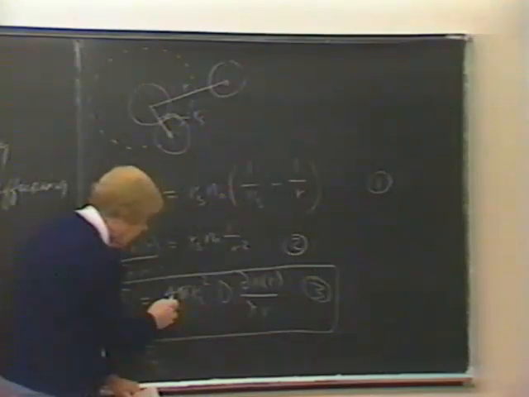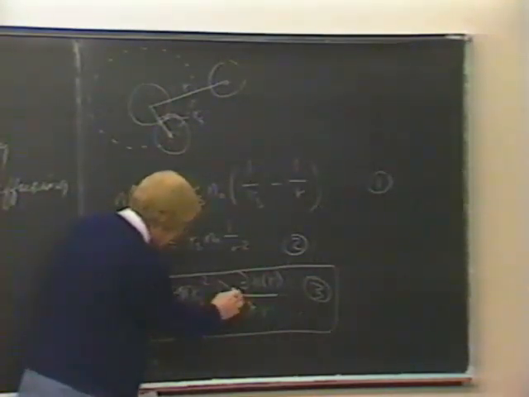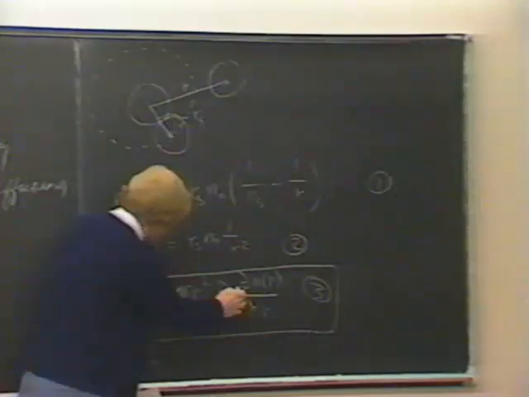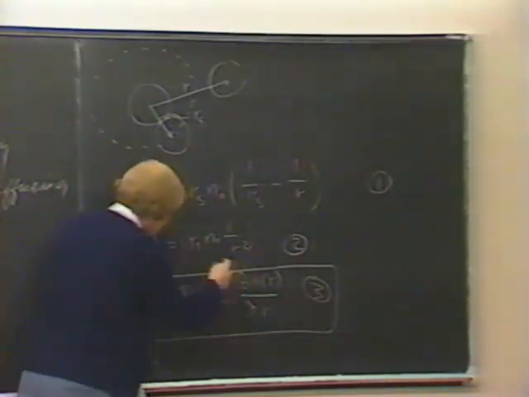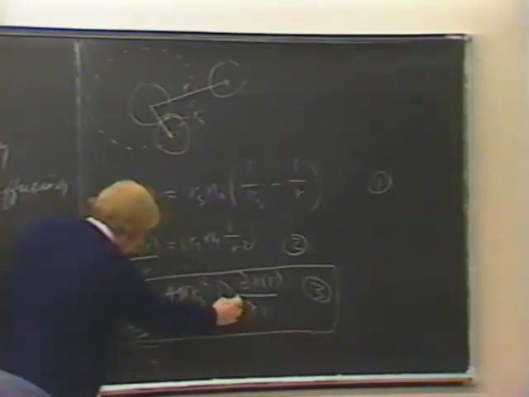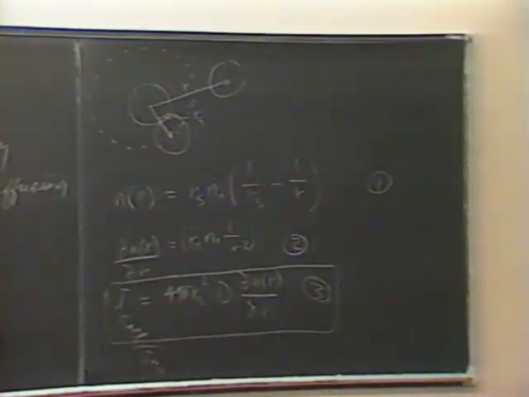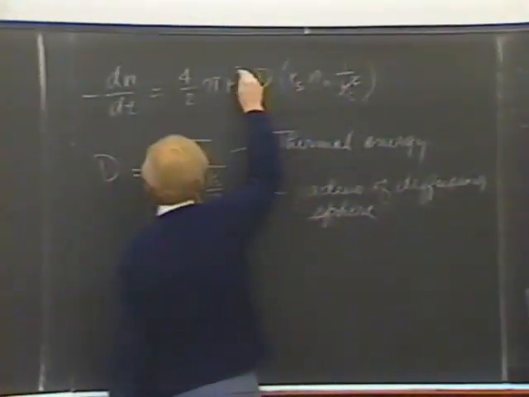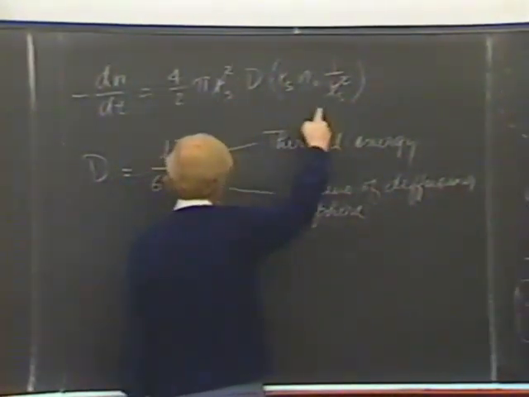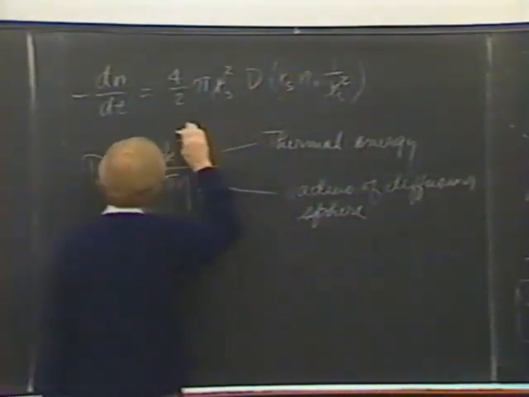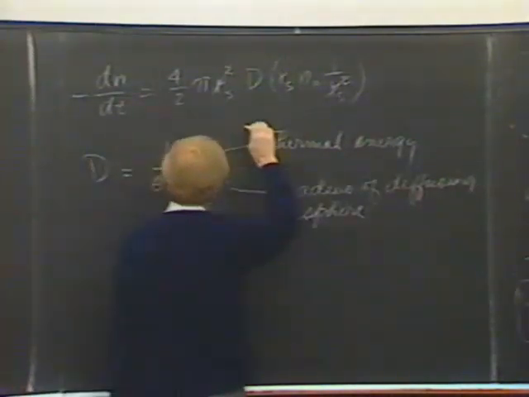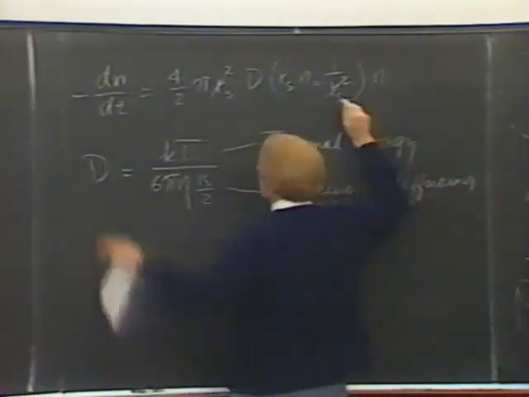here. So if we substitute this for dn/dr, then we have this relationship, and we can cancel out the 2 of the r's, leaving, let's see, we have to multiply this by n to get the total number of collision reduction, and divide the 4 by 2 here.